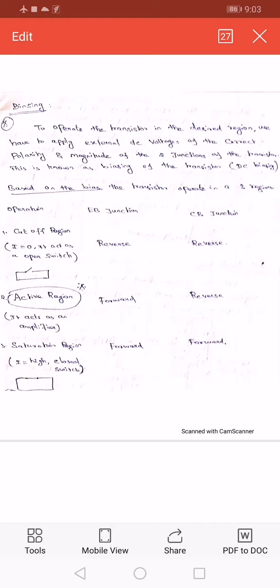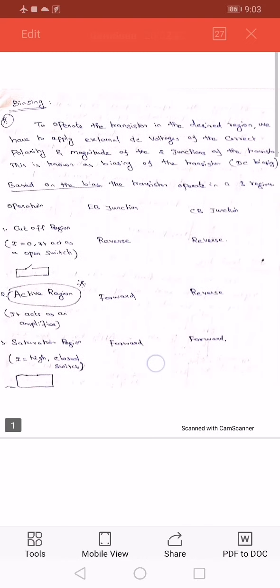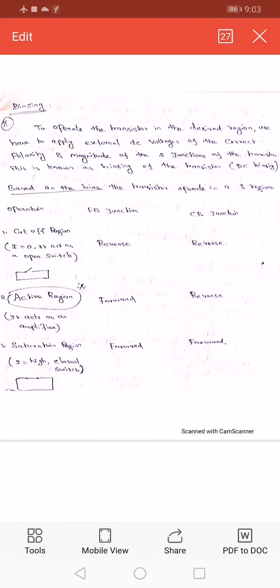The next operation is the active region. That is, we apply forward bias to the emitter base junction and reverse bias to the collector base junction. At that time, the transistor acts as an amplifier. The third region is the saturation region.